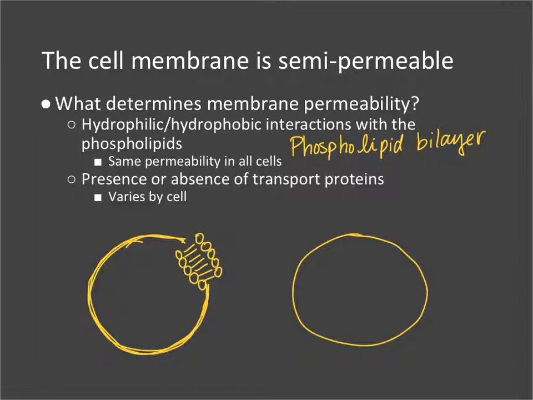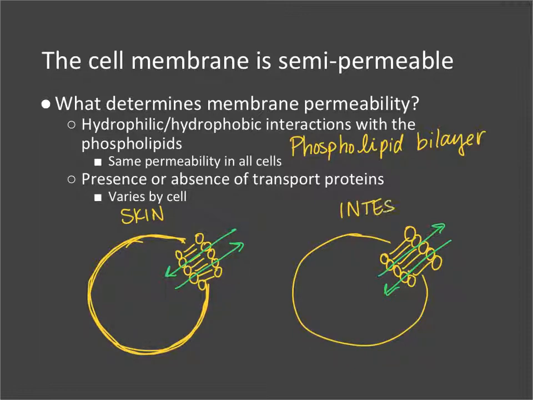But this phospholipid bilayer is the same regardless of the type of cell. So whether it's an intestinal cell or a skin cell, all cells have this phospholipid bilayer. So certain things that can cross the phospholipid bilayer are going to be able to cross those phospholipids regardless of which type of cell it is.